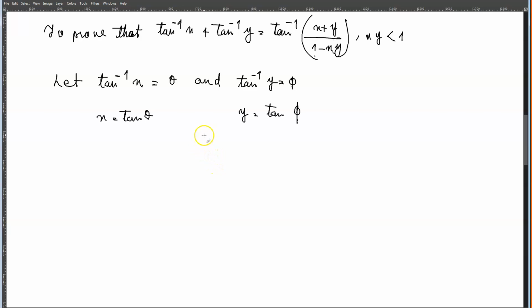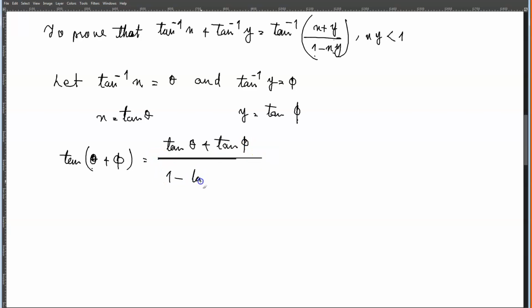And what that means is that now if I write tan of theta plus phi, we said that is equal to tan of theta plus tan of phi over 1 minus tan theta tan phi, that we have proved before.